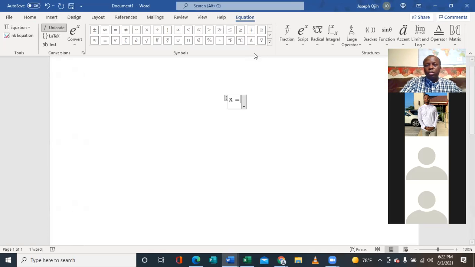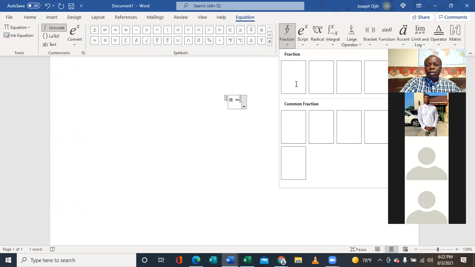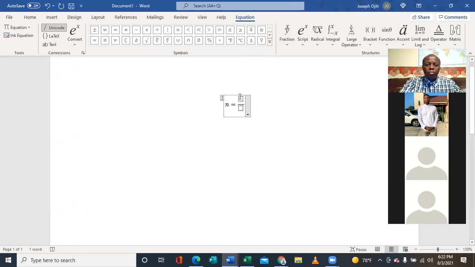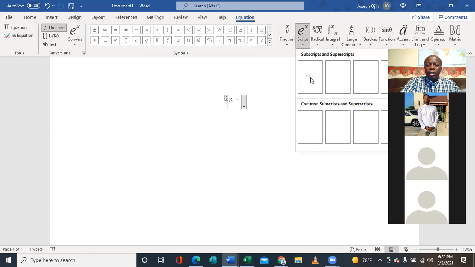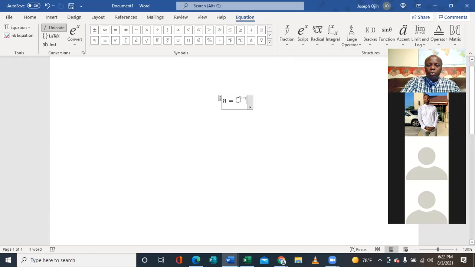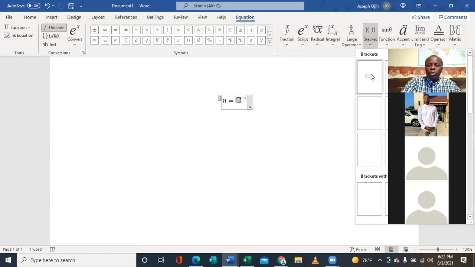n equals. As a matter of fact, I'm going to put the parentheses first, and inside it I can type the actual equation.